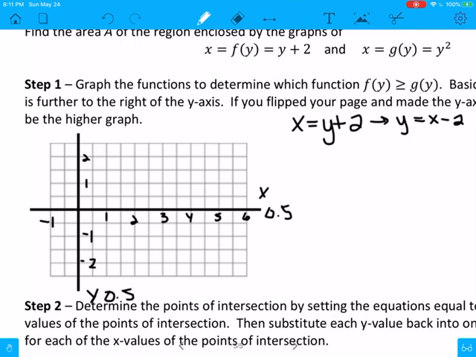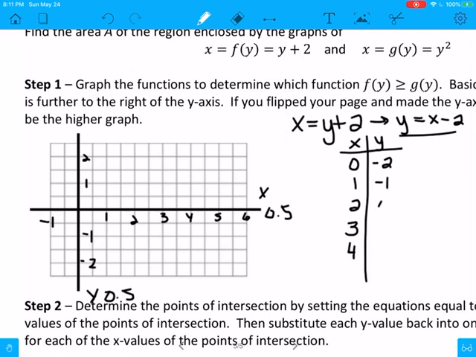Okay, so if I sketch these, I'm going to go from 0 to 4. So if I plug these into the y equals equation here, when I plug in x equals 0, I get negative 2. When I plug in x equals 1, I get negative 1. 2, I get 0. 3, I get 1. 4, I get 2.